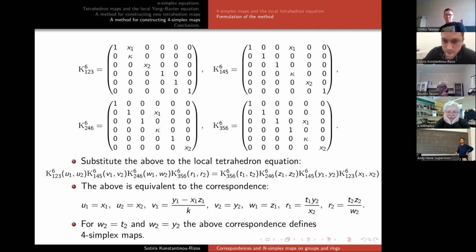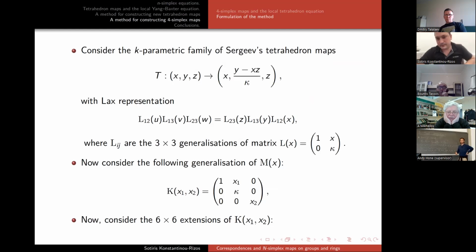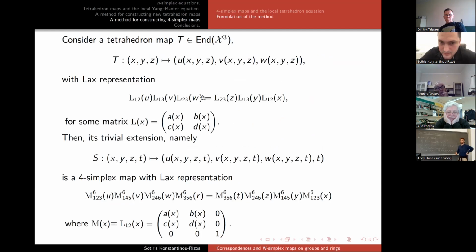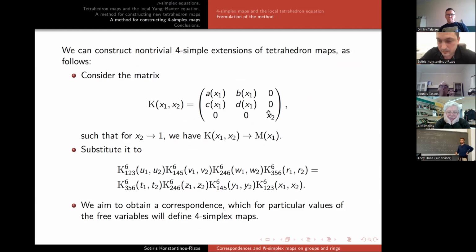But let me comment a little bit on that. Here I took this map that generates a tetrahedron map, and I considered the simplest non-trivial extension.